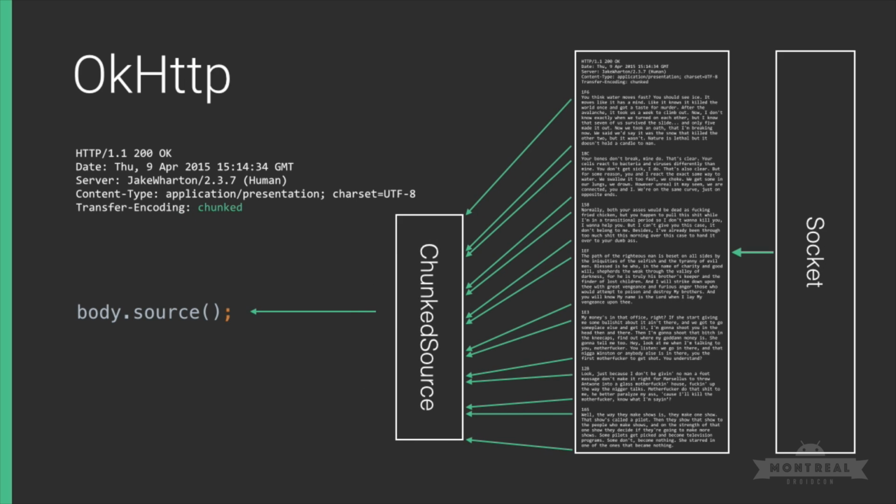This also lets us hide some of the more ugly things of HTTP. There's a transfer encoding called chunked, which means that we're going to say, hey, I'm going to send you 100 bytes. I'm going to send you 200 bytes, and it's going to do this incrementally rather than sending it all as one single response. And so we can just simply hide this behind a chunked source.